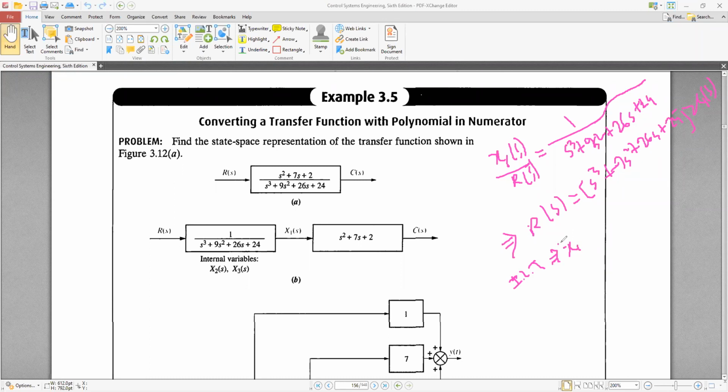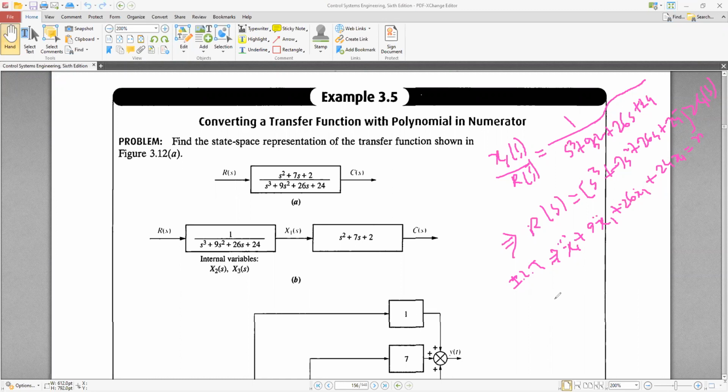X1 triple dot plus 9 X1 double dot plus 26 X1 single dot plus 24 X1 is equal to r(t), or r.